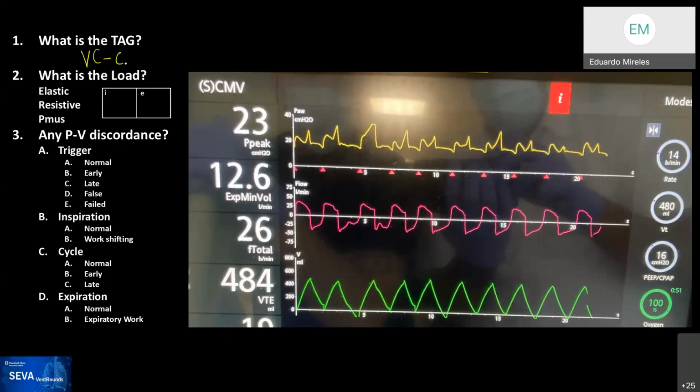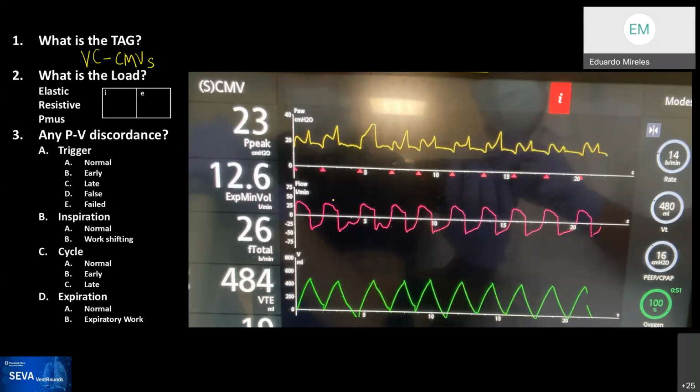You have to remember the Hamilton ventilators have the flow sensor proximal, meaning there's the ET tube and the two circuits go there, and so it's measuring there.